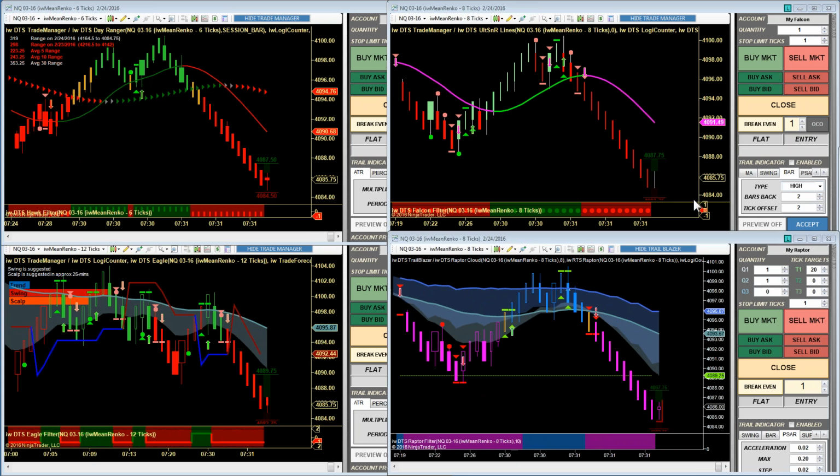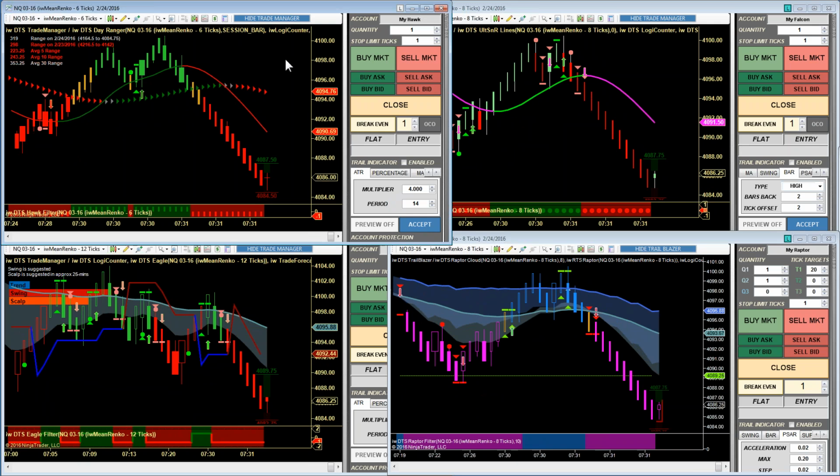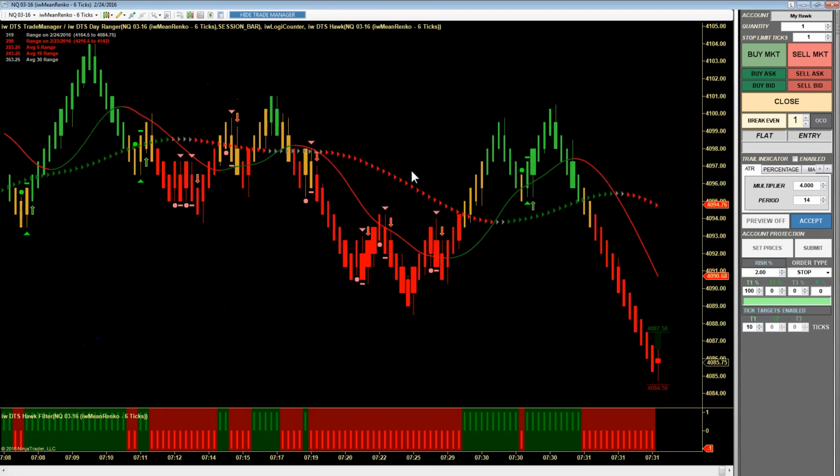So let's see what else we got going on. Oh, the market finally emerged out of the choppiness, kind of, sort of. And again, you can see all these yellow bars here. We're waiting on a first micro macro cross to the downside.